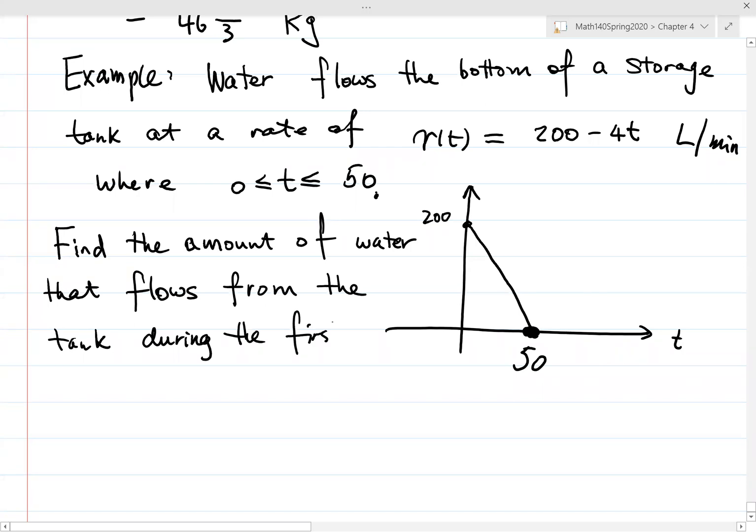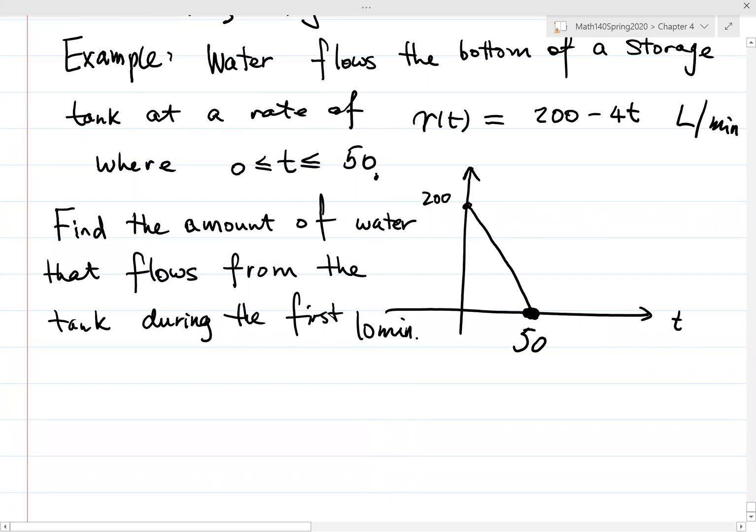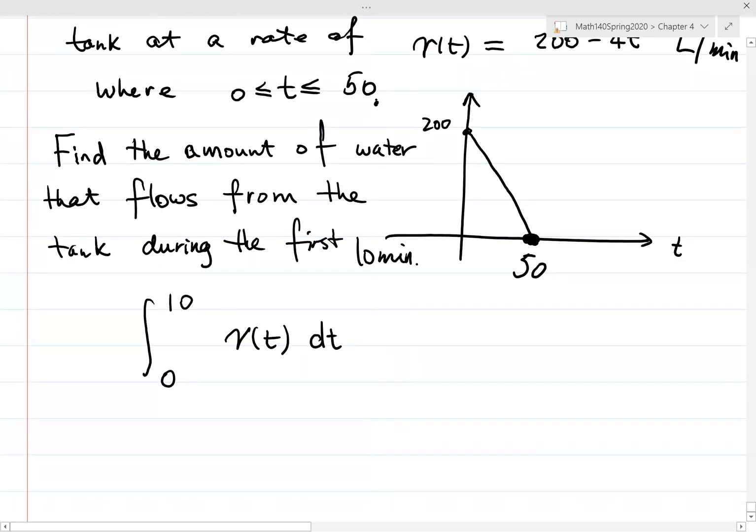What we do is integrate the rate to get the total amount of water. So we start from 0 to 10 and integrate r(t) dt with respect to t. This gives us the total amount of water that flowed from the tank.